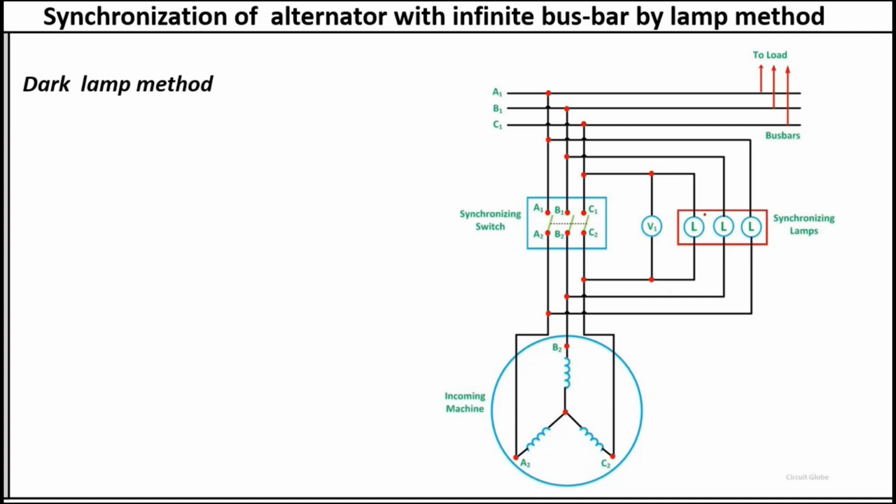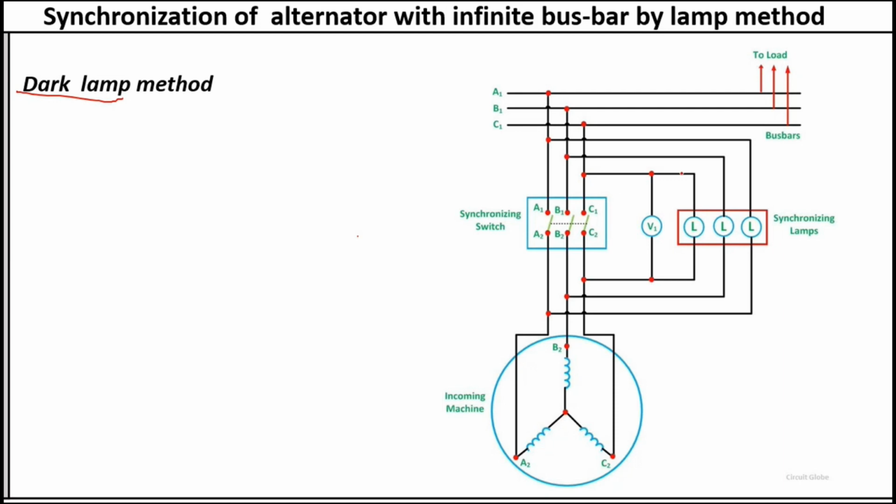Okay. So what will happen if the three conditions of synchronization match? These lamps will not glow. If the three conditions of parallel operation match, these three lamps will not glow, and when such a condition occurs, we can close this switch to connect this machine to the busbar. Why is it called the dark lamp method?